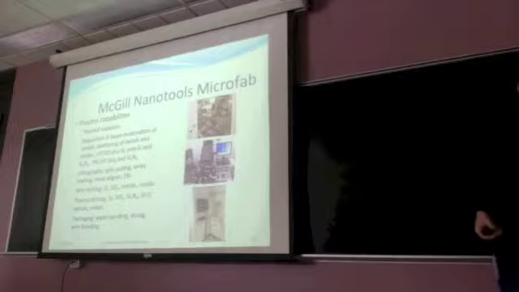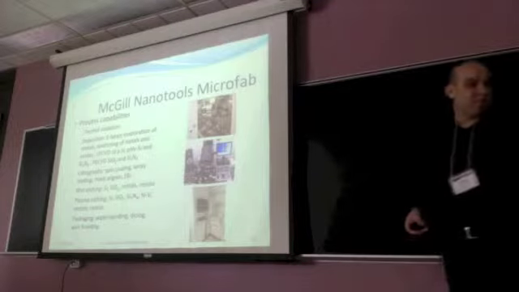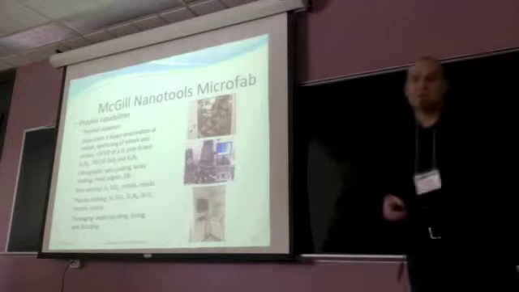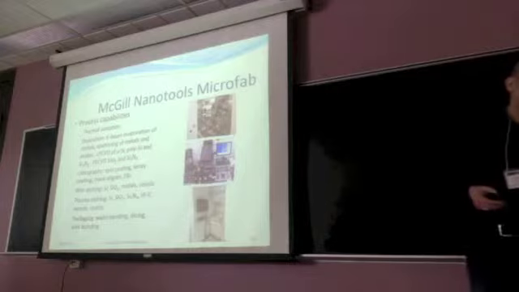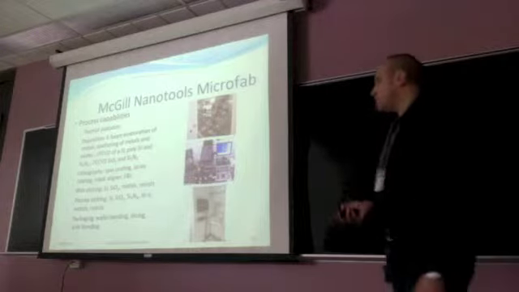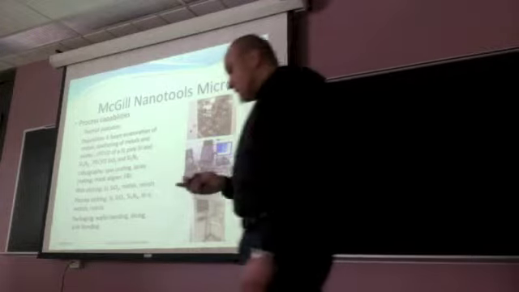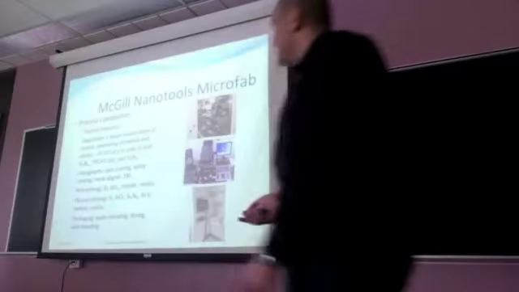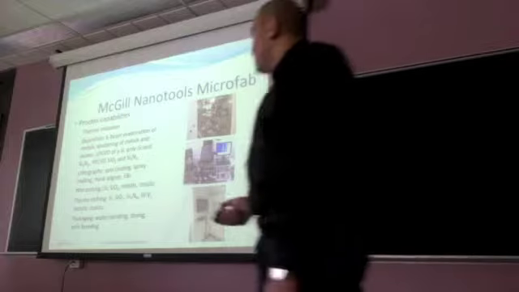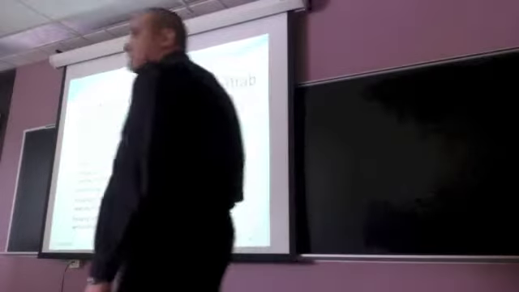So the McGill nanotools microfab is a 6-inch wafer compatible MEMS fab. We have standard and specialized semiconductor manufacturing equipment. Here is a list of our process capabilities. We can do thermal oxidation, and e-beam evaporation of metals.